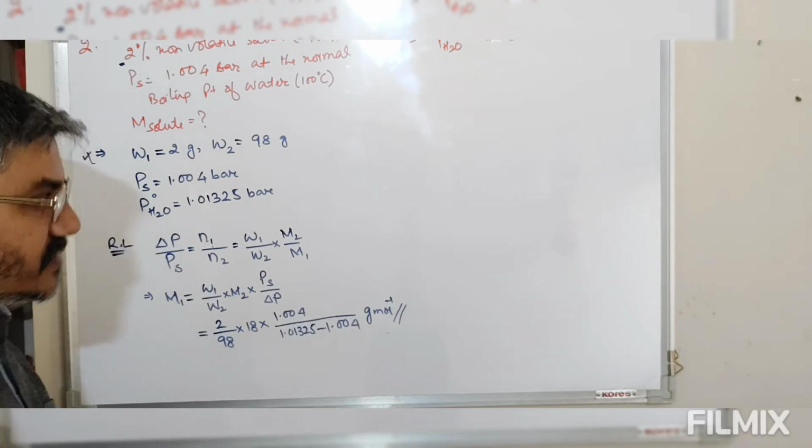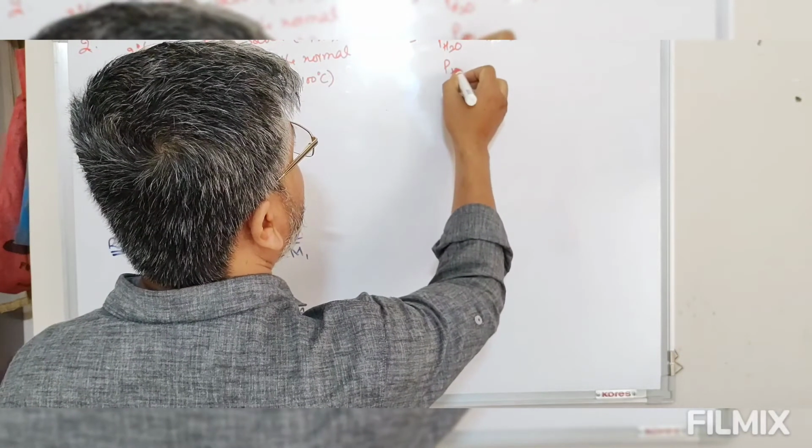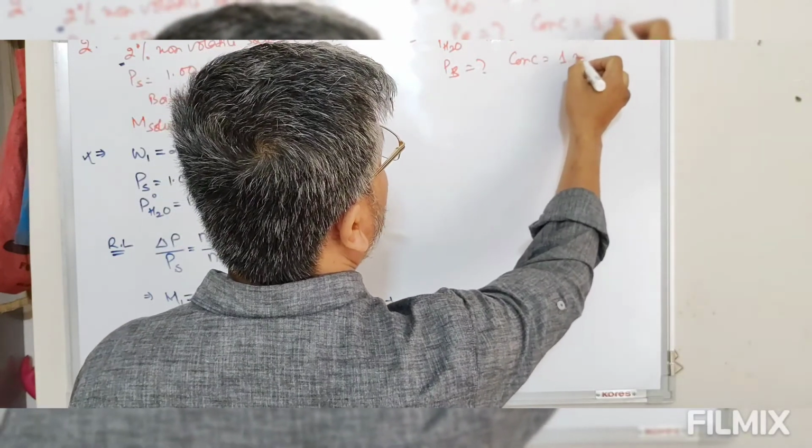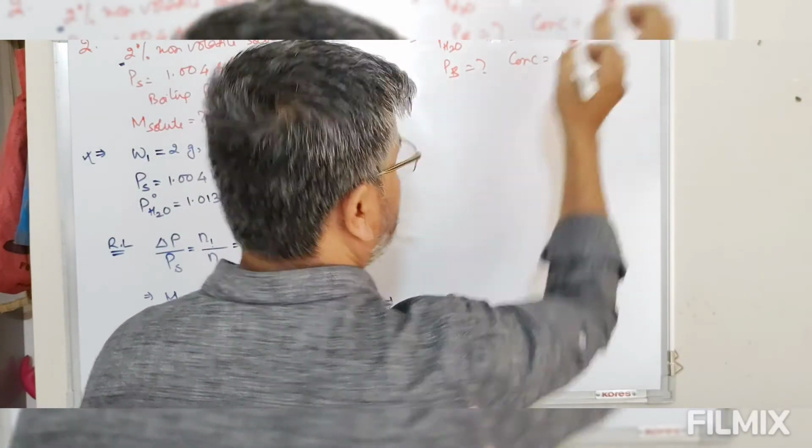Calculate the vapor pressure of the solution. Now we have to find the vapor pressure of a solution whose concentration is given as 1 molal.